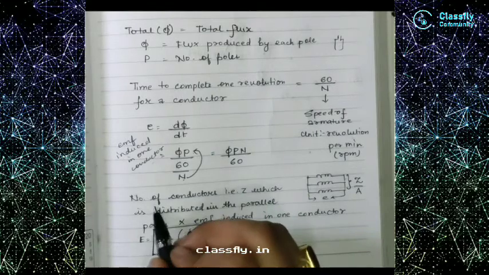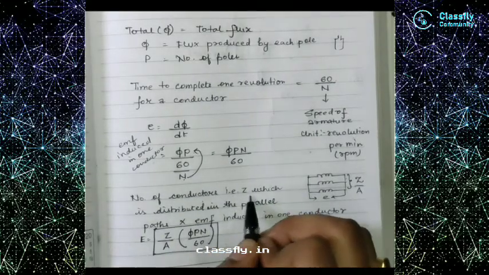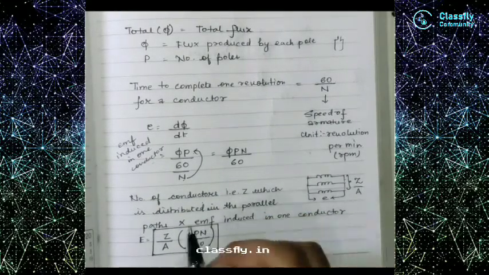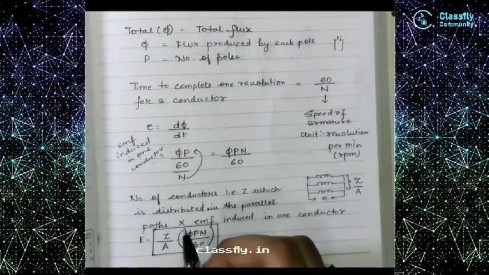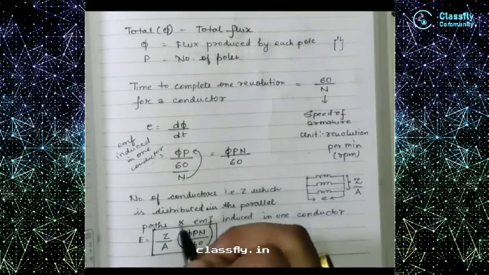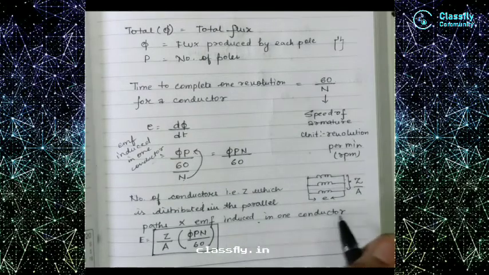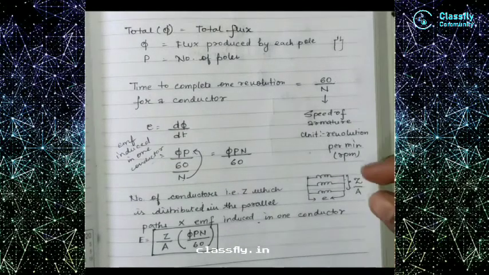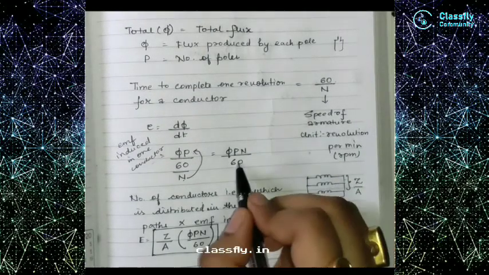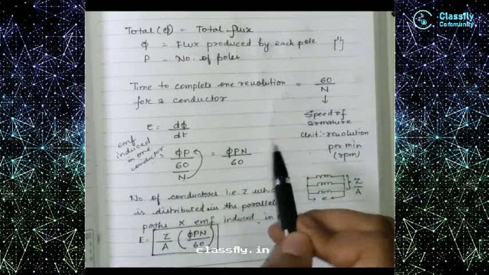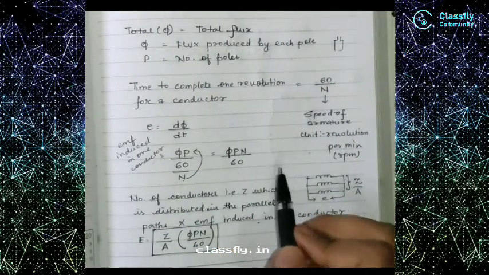So I can write the number of conductors Z distributed in the parallel paths, multiplied by the EMF induced in one conductor. That means Z by A into the EMF induced in one conductor, that is phi P N by 60.